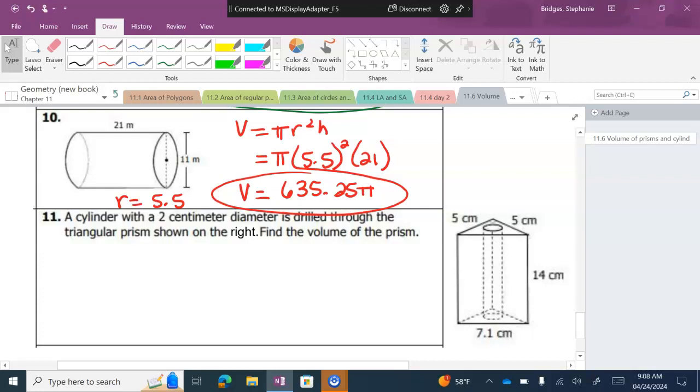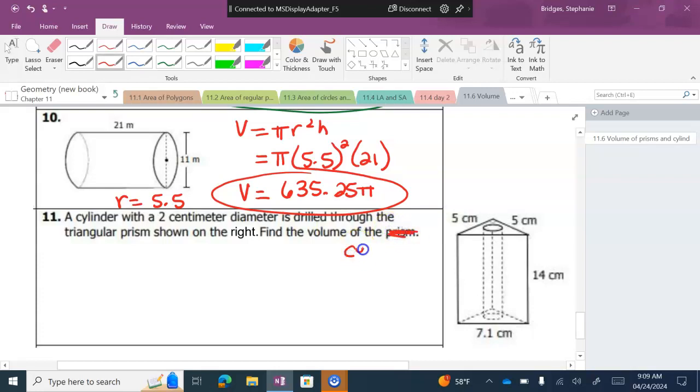Okay, read that question. This is the last one. You've got a picture to the right. A cylinder with a 2-centimeter diameter is drilled through the triangular prism shown. Oh, I don't want you to find the volume of the prism. Let's find the volume of the cylinder. I'm not going to make that too terrible.